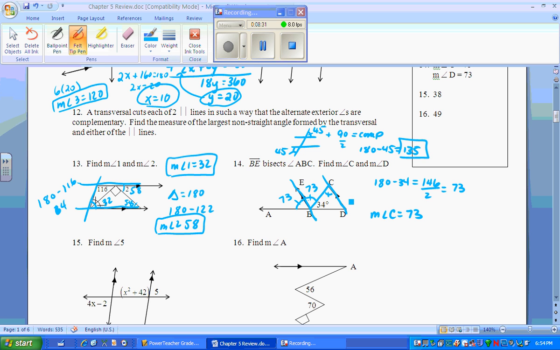Or we can say that angle C plus 34 plus angle D has to equal 180. So the measure of angle D is also equal to 73 when you do the math there. 180 minus the 73 minus the 34.